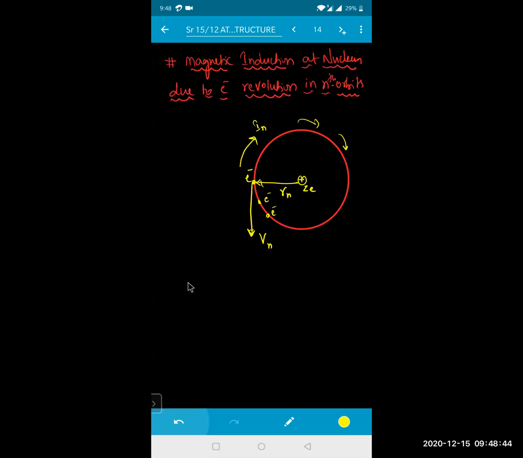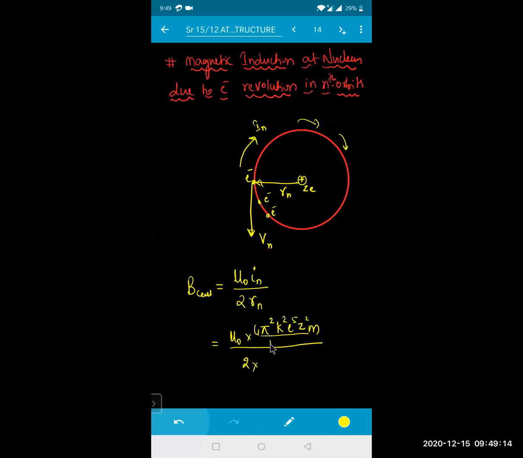So magnetic field at the center will be equal to how much? Magnetic field at the center is equal to mu naught into I n, the current in the nth orbit, divided by 2 into the radius of nth orbit. So that is equal to mu naught into current in the nth orbit, which is 4 pi square k square e to the power of 5 z square into m divided by 2 into, this one is nothing but n cube into h cube, and this one is how much?